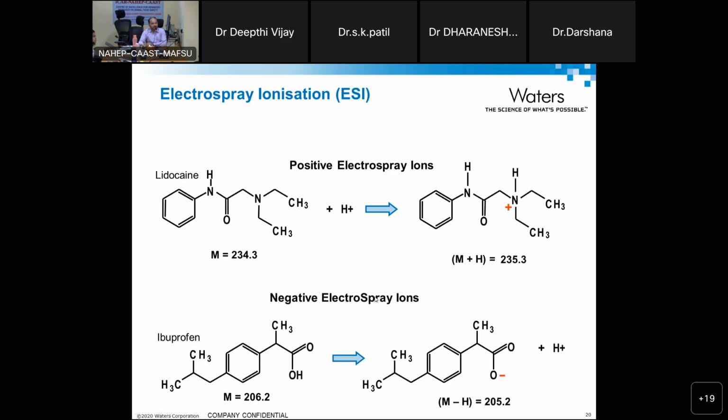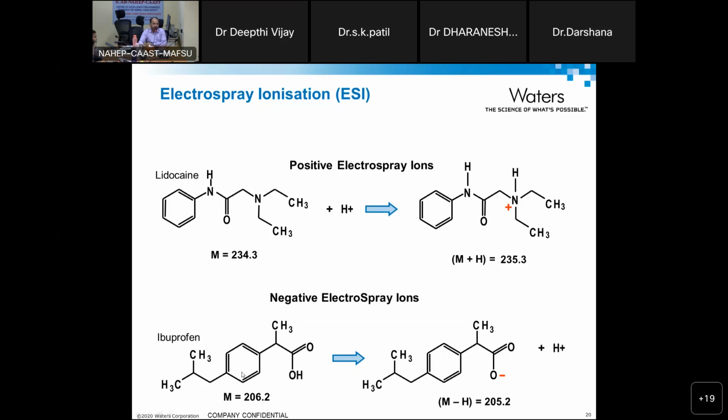Whereas this particular compound can be analyzed in negative electrospray ionization, as it has a carboxylic acid as one of the functional groups. The mass of this compound is 206, and since it has been identified in negative mode, the mass is M minus H, that is 205.2. One hydrogen from this carboxylic acid functional group has been removed or abstracted.